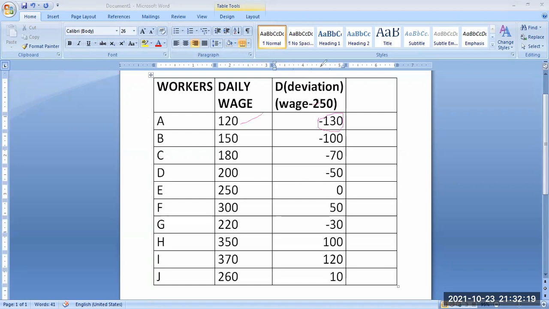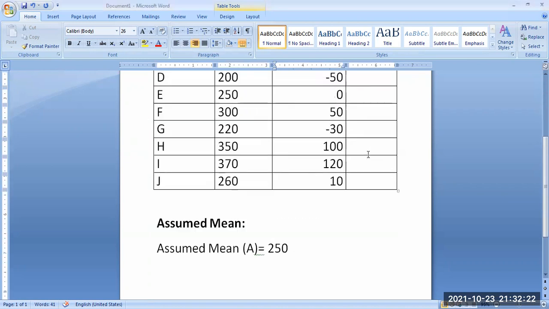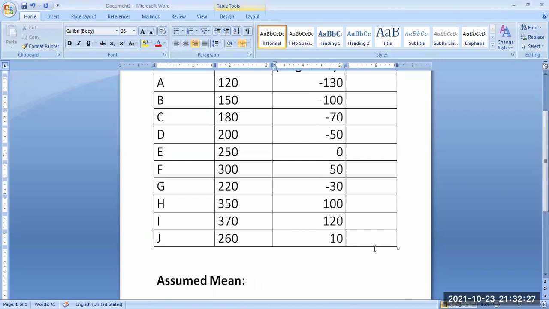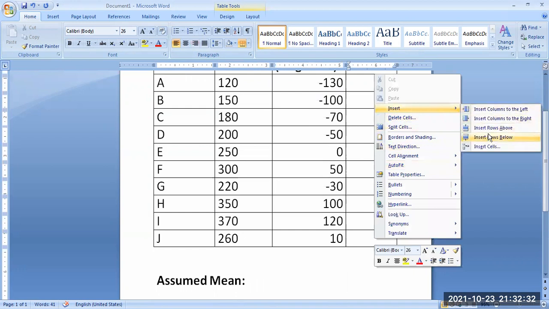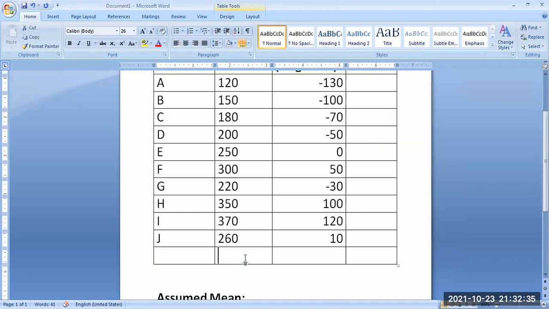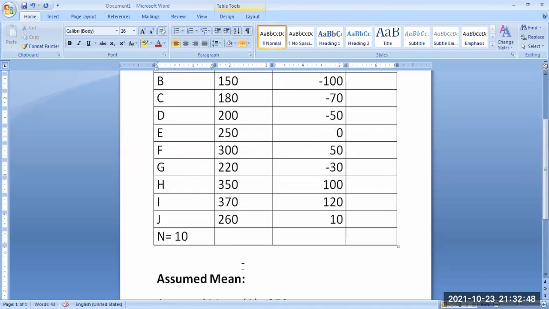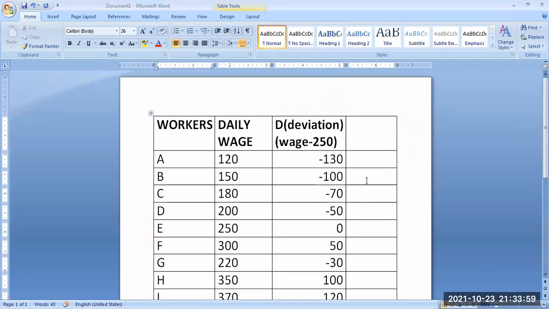Now what we want is the total of this column, so I will take another column. First of all, n is required. What is the sample value here? 10. We are calculating the wages of 10 workers.